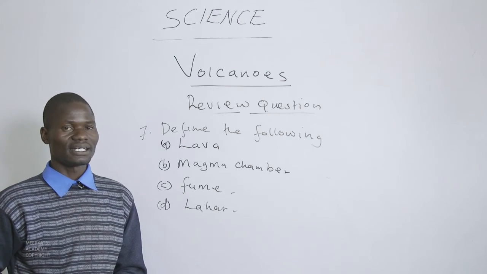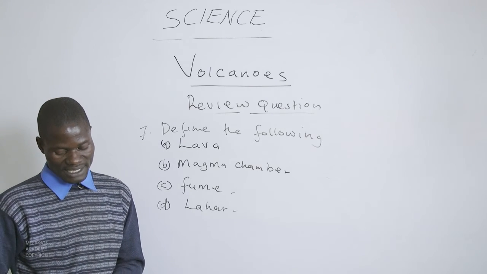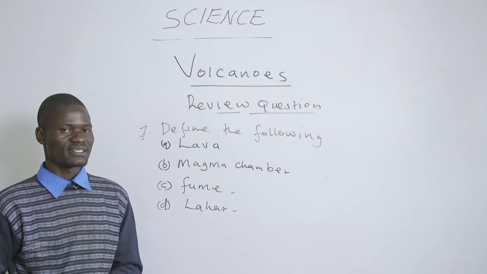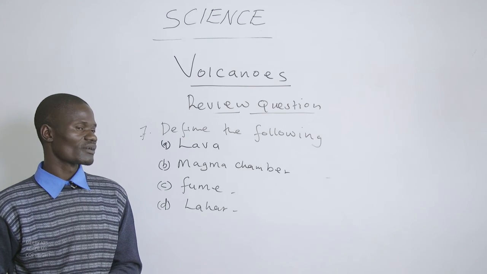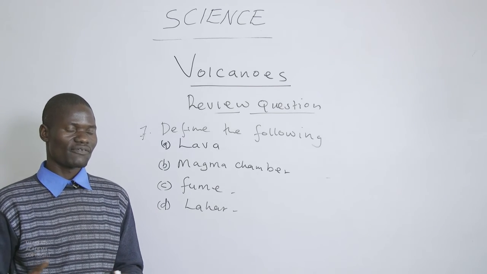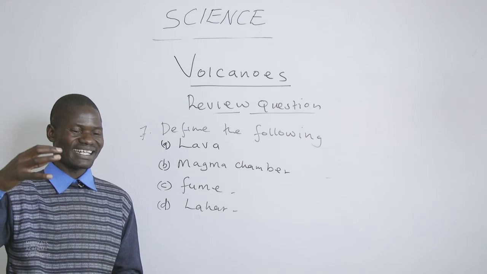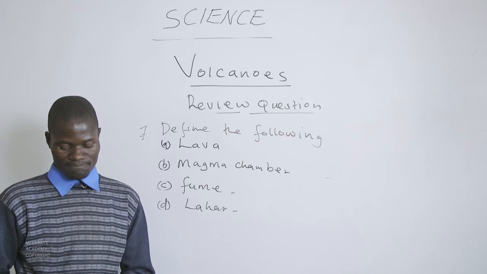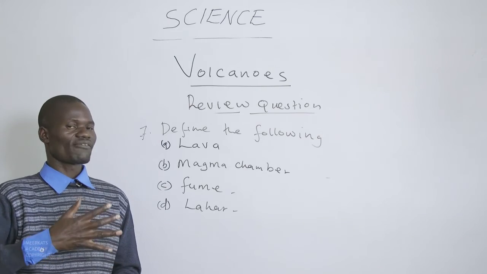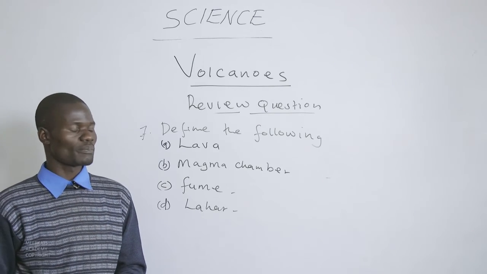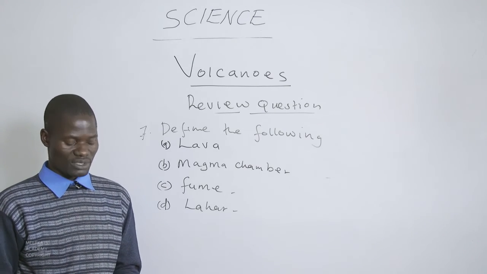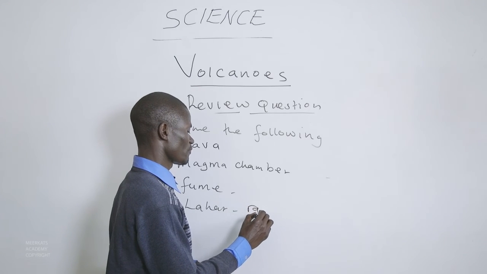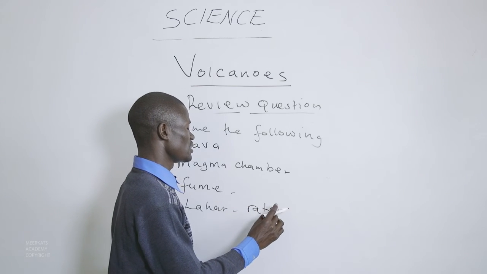Lastly, what is a lahar? A lahar is simply a mixture of mud that has formed as a result of volcanic ash being mixed with water, and it flows down the very steep slope of the volcanic mountain at a very fast rate.